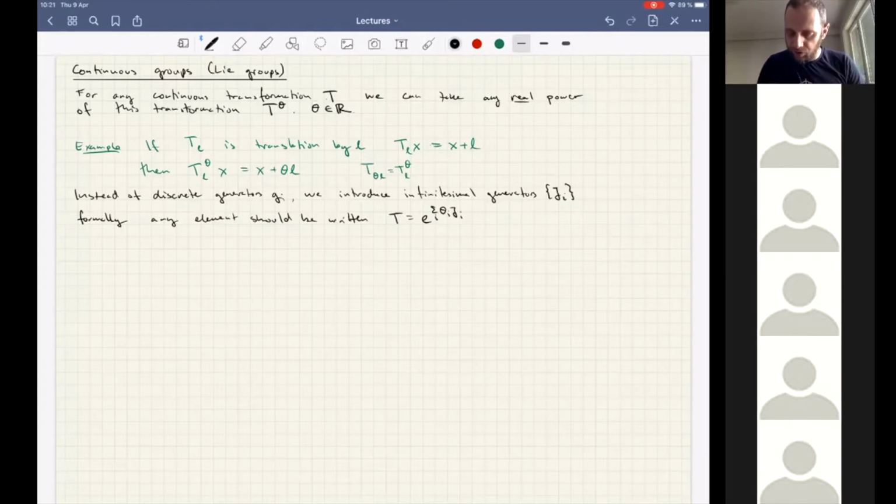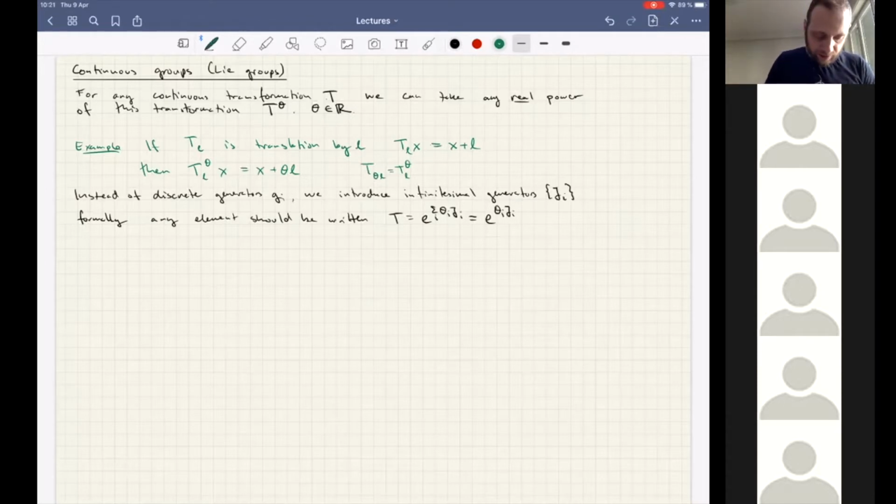So using the summation convention in the future, I will just write this theta_i J_i. So this so far is just a formal definition, and we're going to see where this leads us when we have a bit more hands-on examples.